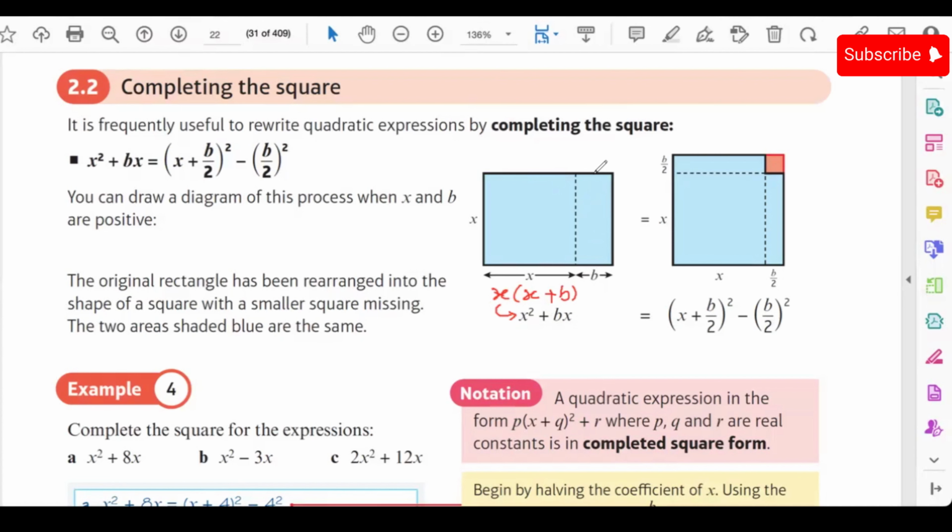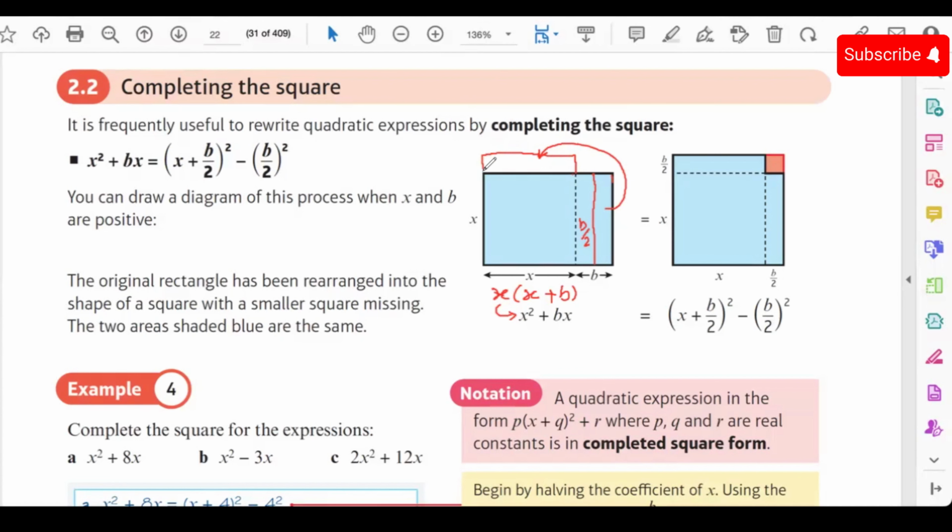Now we can convert this rectangle into a square. How? Let's divide this length b into two equal parts, so each will be half of b. Now we take this second part and place it along the length. You can see that the width, b half, will be x, so it will cover over here.